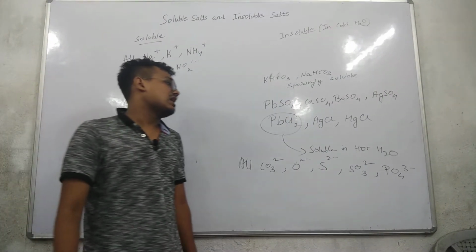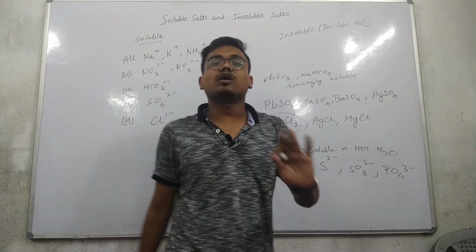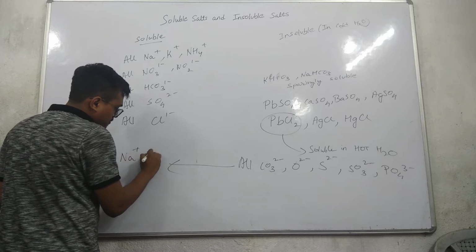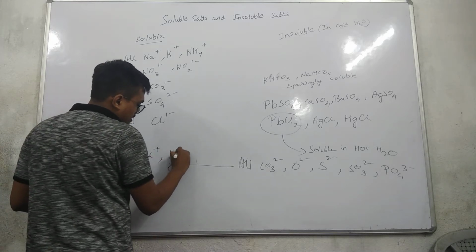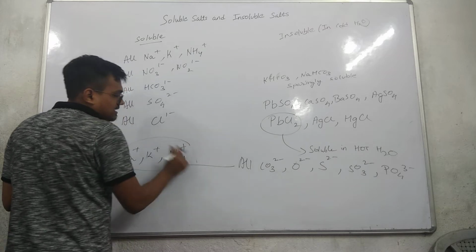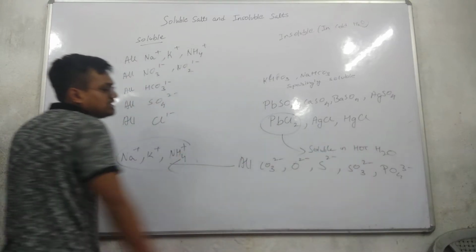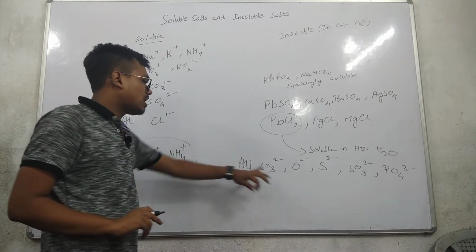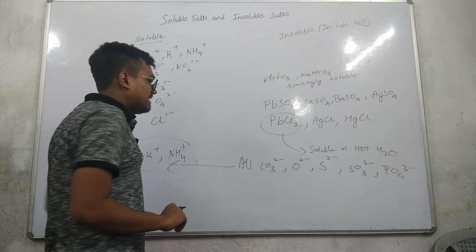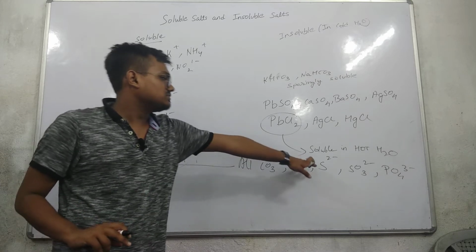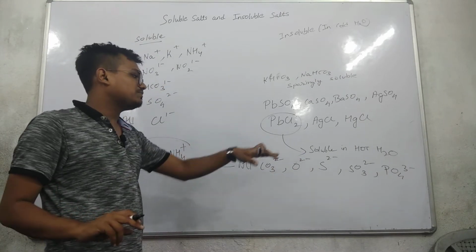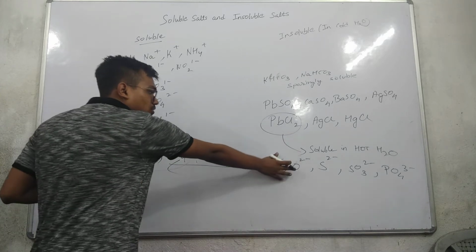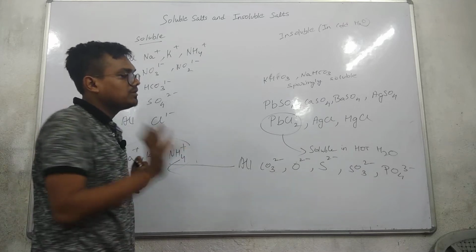Whatever the positive ion, these categories are insoluble, but if they are sodium, potassium or ammonium salts, like sodium carbonate, potassium carbonate, sodium sulfide, ammonium sulfide or ammonium phosphate, then they will be soluble.